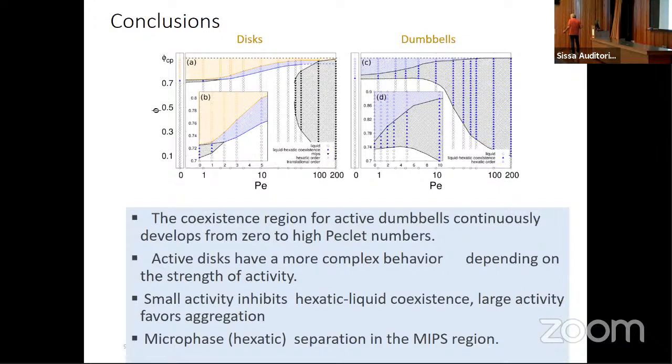This was not expected in the literature, because everyone considers only the mobility-induced phase separation region, while in the case of dumbbells we see that the coexistence region at small Peclet extends and becomes larger when you increase the activity. In some of our results there is no mention of percolation, which we also consider an important point. And thank you very much.